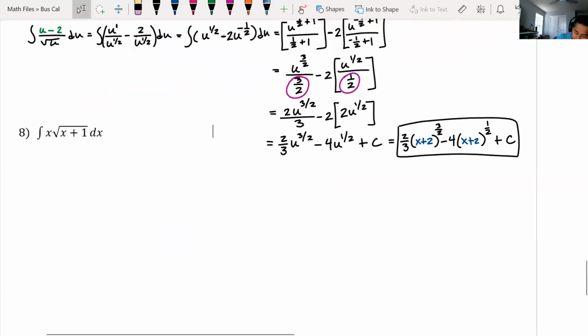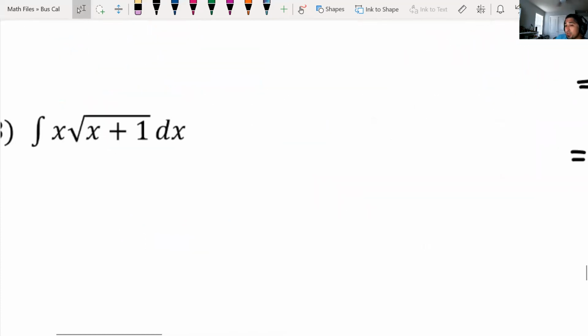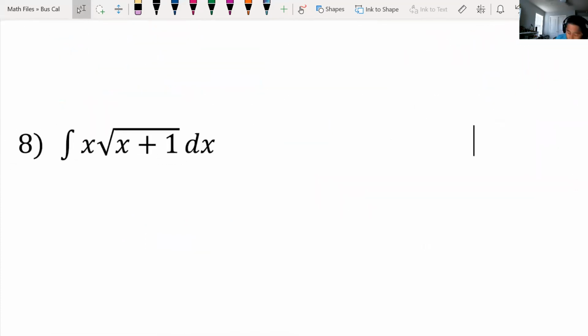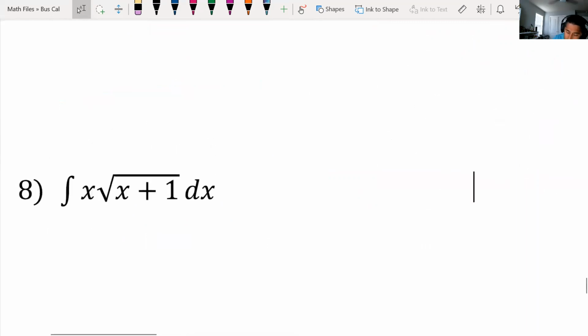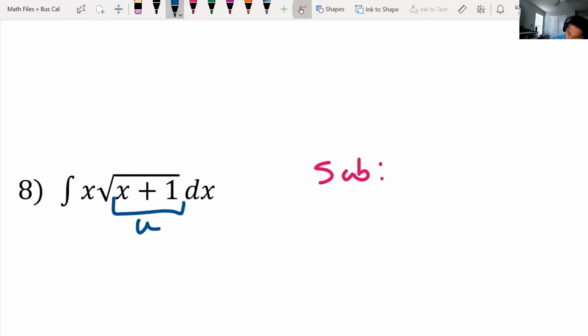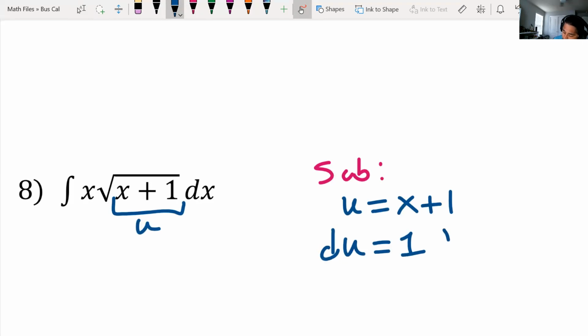Number 8. The integral of x times the square root of x plus 1. And of course, we know that u is going to belong to x plus 1. u equals x plus 1. du equals 1 dx. Let's see what we have in our integral.